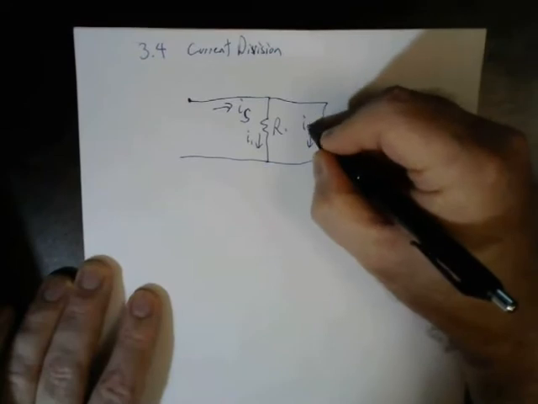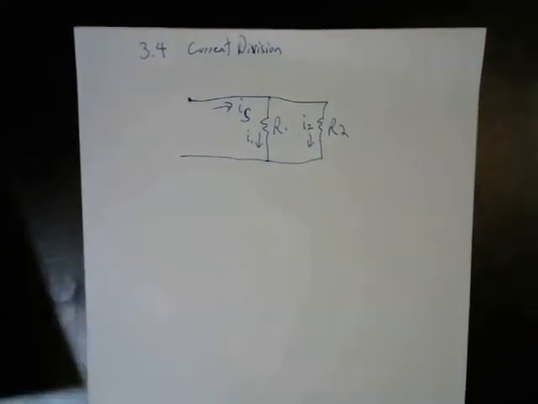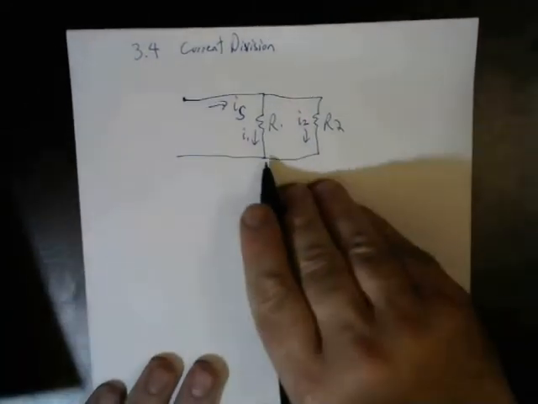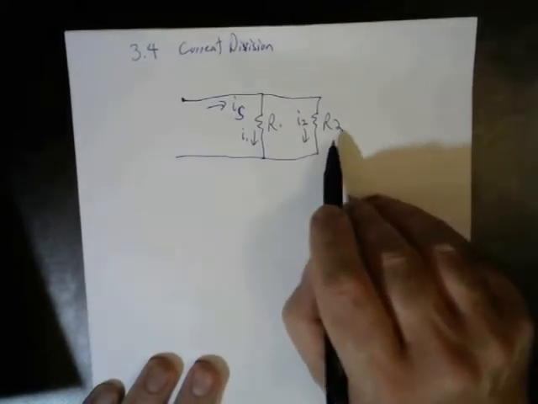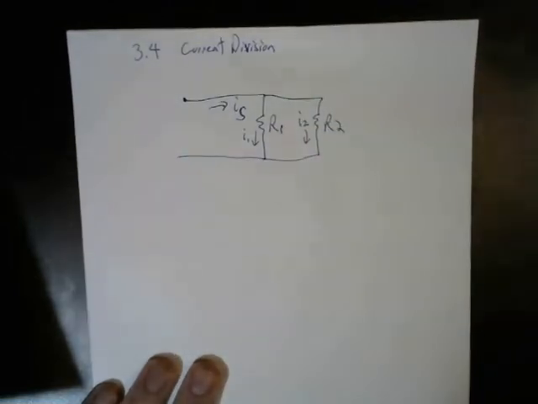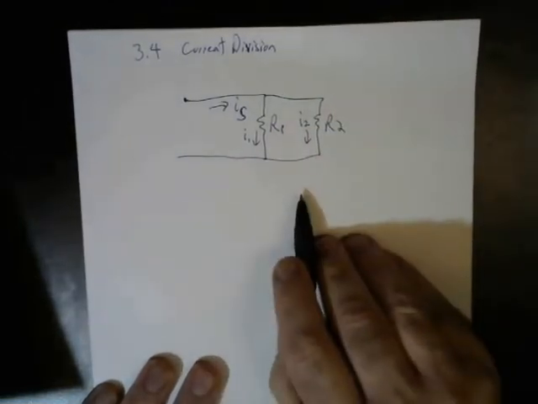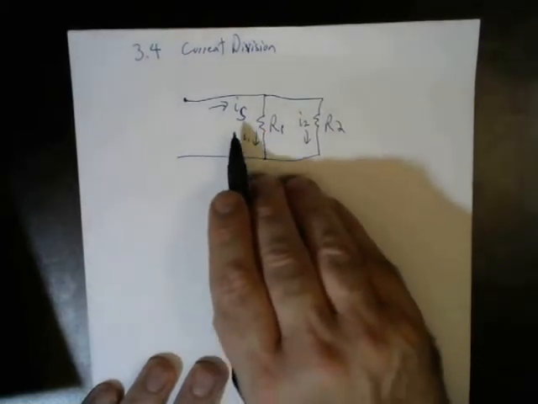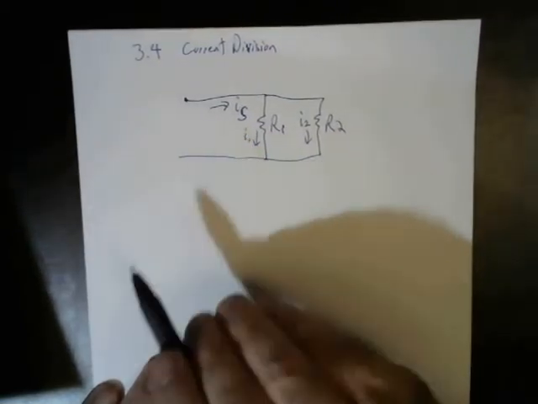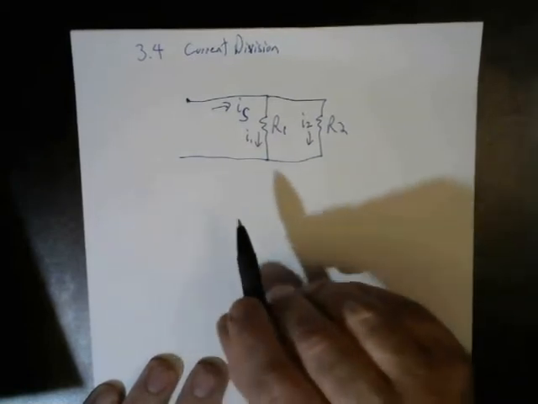So we'll start with a simple example. In this simple example, I want to find I1 knowing only IS, R1, and R2. I want to find a relationship that mathematically relates I1 to the two resistor values and IS if I know IS. So let's look at how this works here.